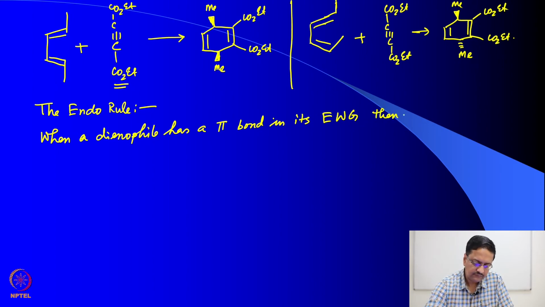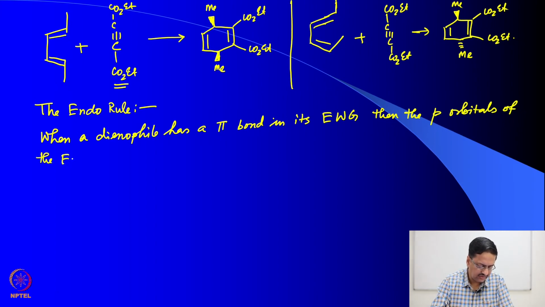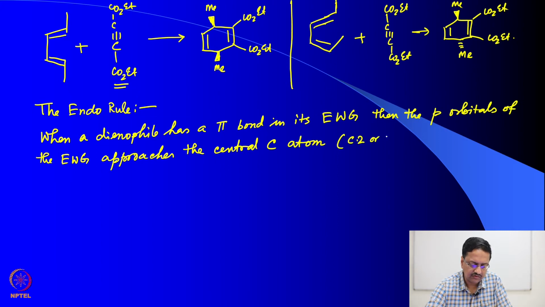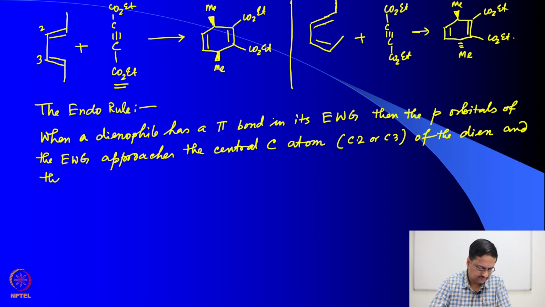Then the p orbitals of the electron withdrawing group approach the central carbon atom, that is either C2 or C3 of the diene, if I name it as 2 and 3 for a butadiene, and this results in a secondary overlap which stabilizes the transition state further.